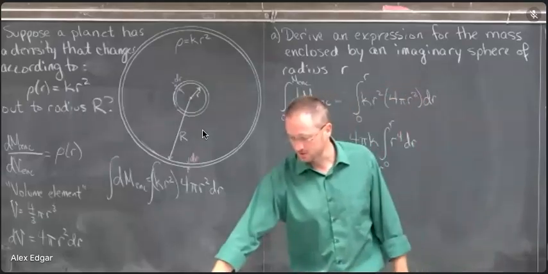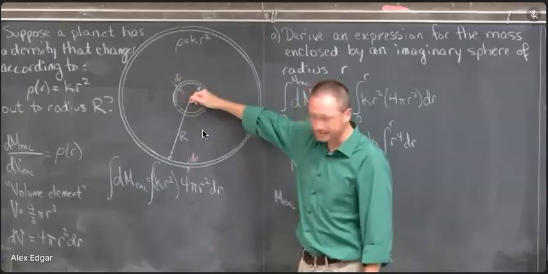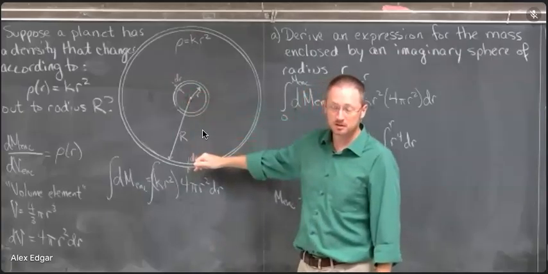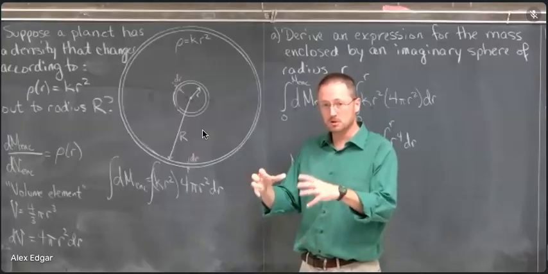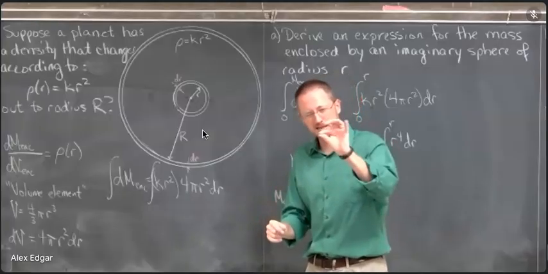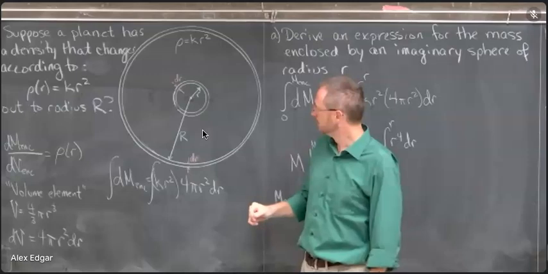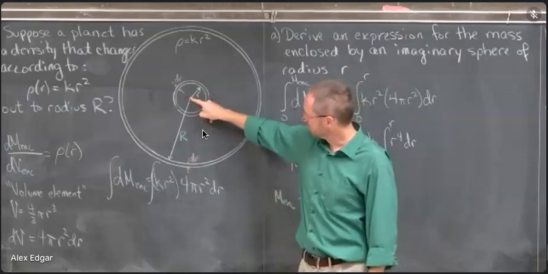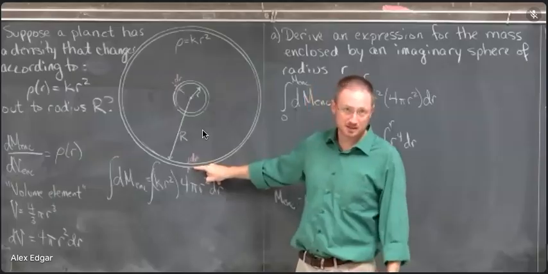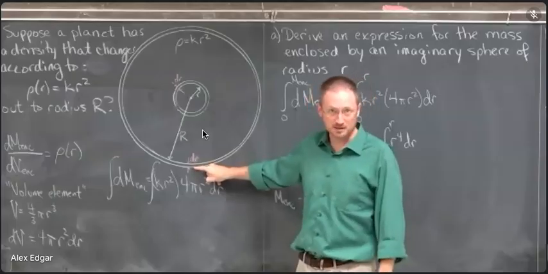Our gas giants have a very dense core and then a gaseous atmosphere that extends for most of the volume of the planet, as opposed to the Earth, which is mostly rocky and then has a tiny sliver of atmosphere. So for a gas giant, it would be a very dense core that then drops off and basically doesn't exist by the time you get to the outer edge of the planet.